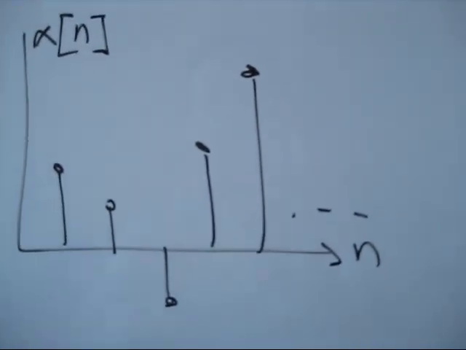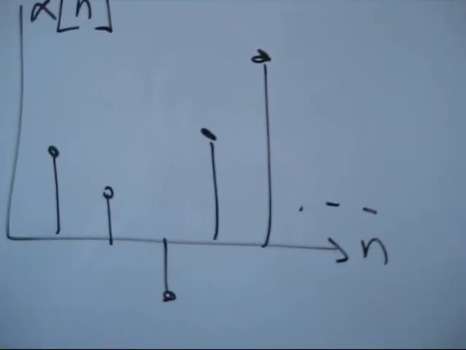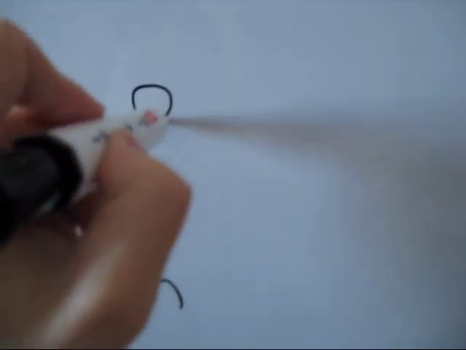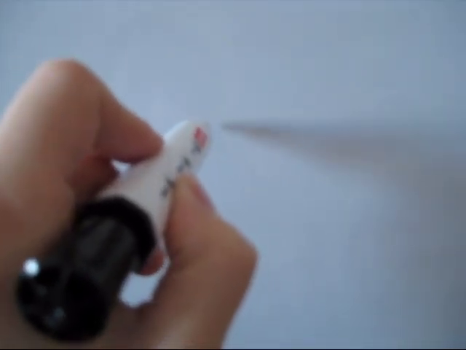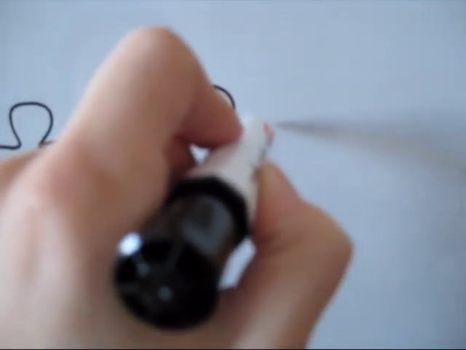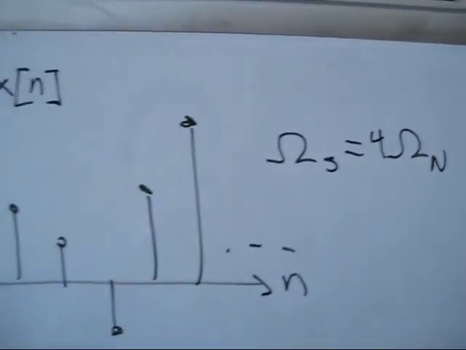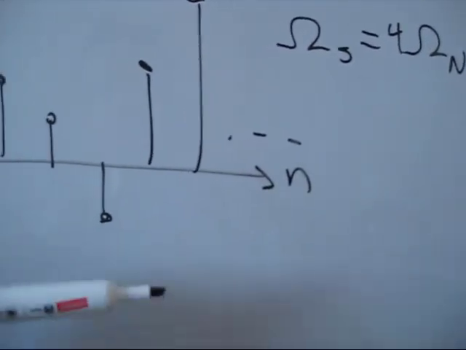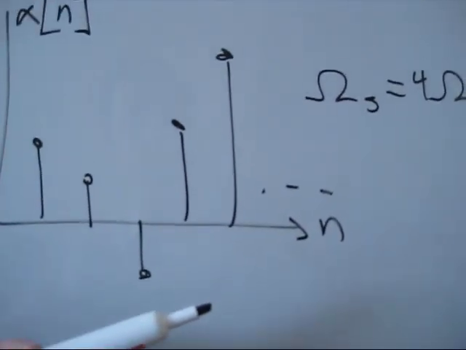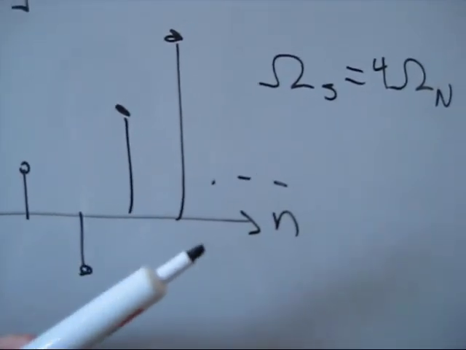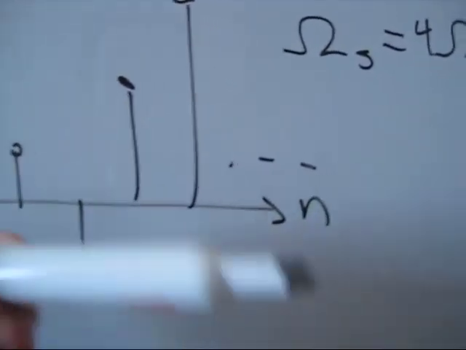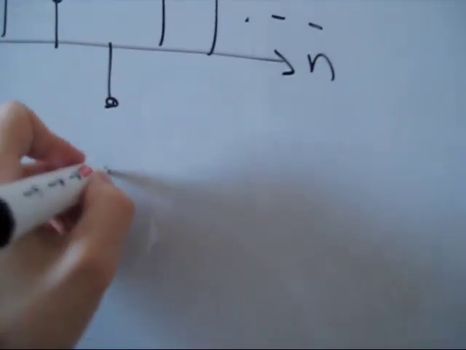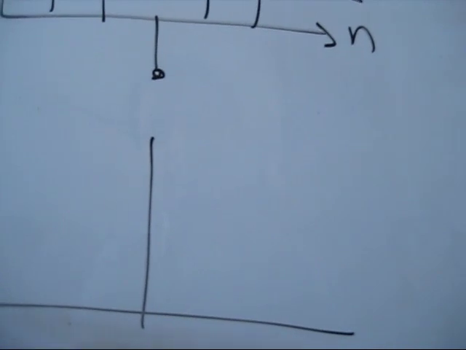So let's say you've got some signal like this, and what you've done is that when you originally sampled it, you sampled it such that your sampling frequency was equal to 4 times the Nyquist frequency. So instead of sampling at, say, twice the Nyquist frequency, we've done it at 4 times. So we've oversampled the data.